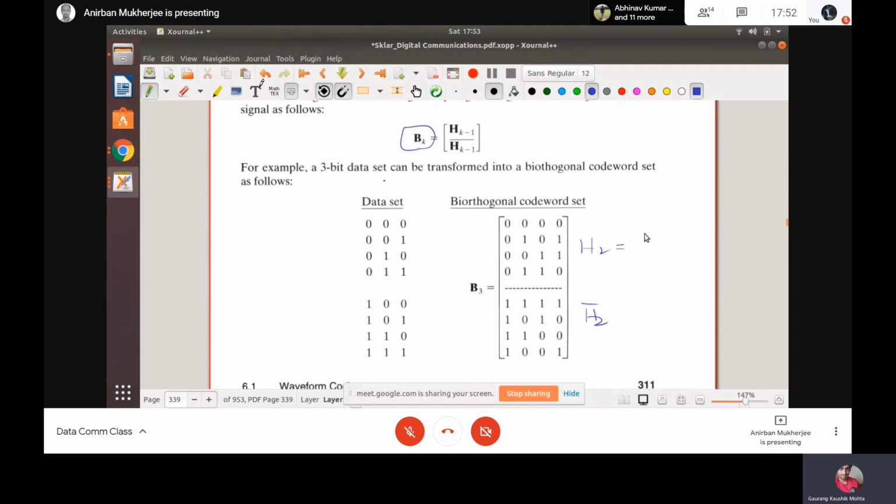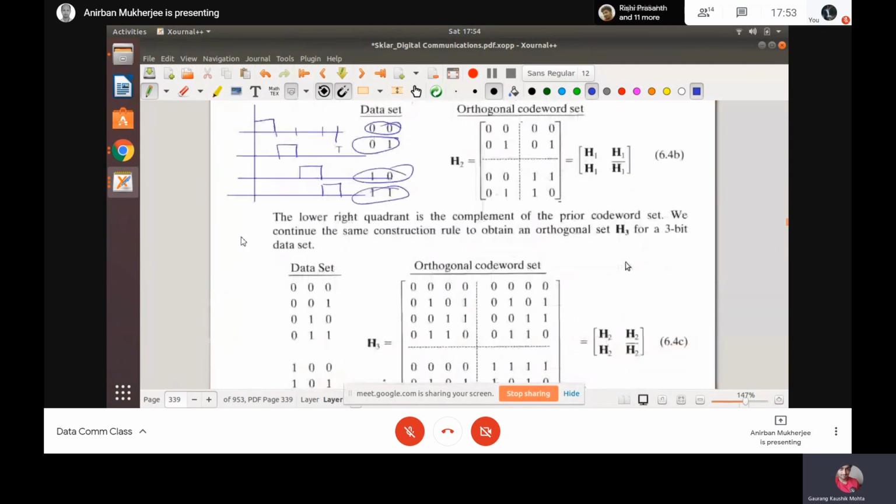Now H2 means H1, H1, H1, H1. Similarly, this one is H1 complement, H1 complement, H1 complement. So what is my H1?